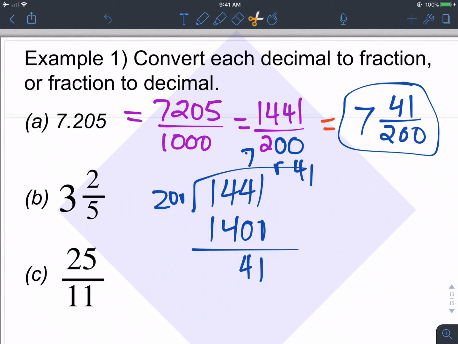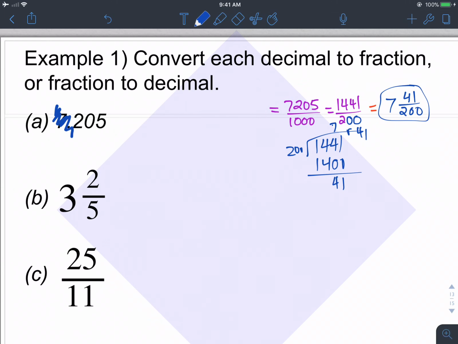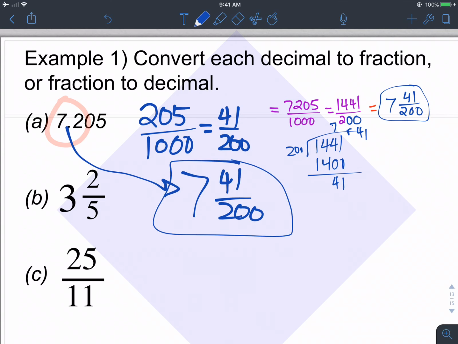What I was going to say is ignore the whole number and just do 205 over 1,000. Totally messing this up now, but ignore the whole number for the second and just write 205 over 1,000, which will reduce to 41 over 200, and then add that 7 back. I do it the second way. That's just why I had trouble with the first.